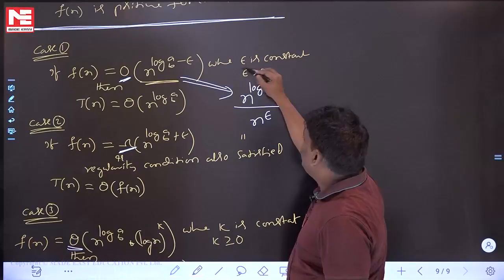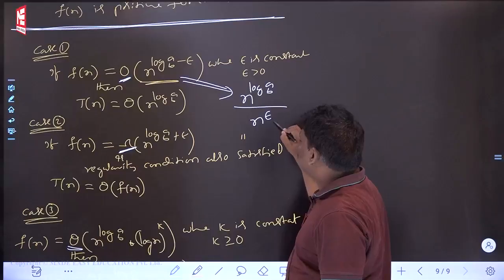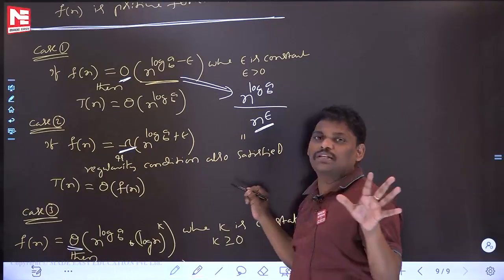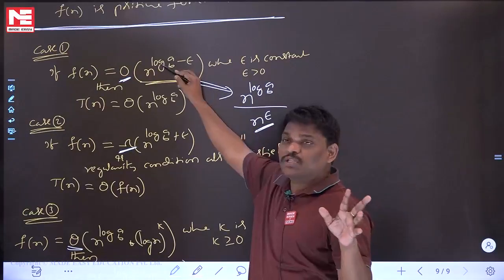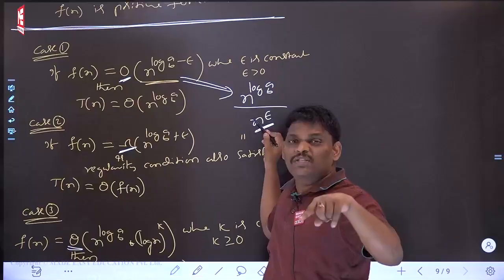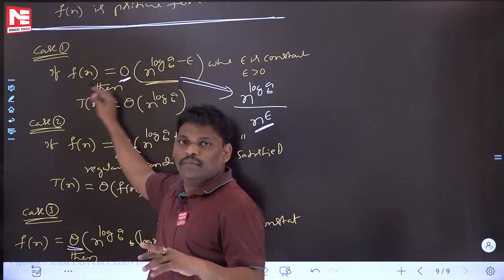What is the meaning? It is an indication that this is polynomial. If I divide n power log a base b by a polynomial, then both are equal.